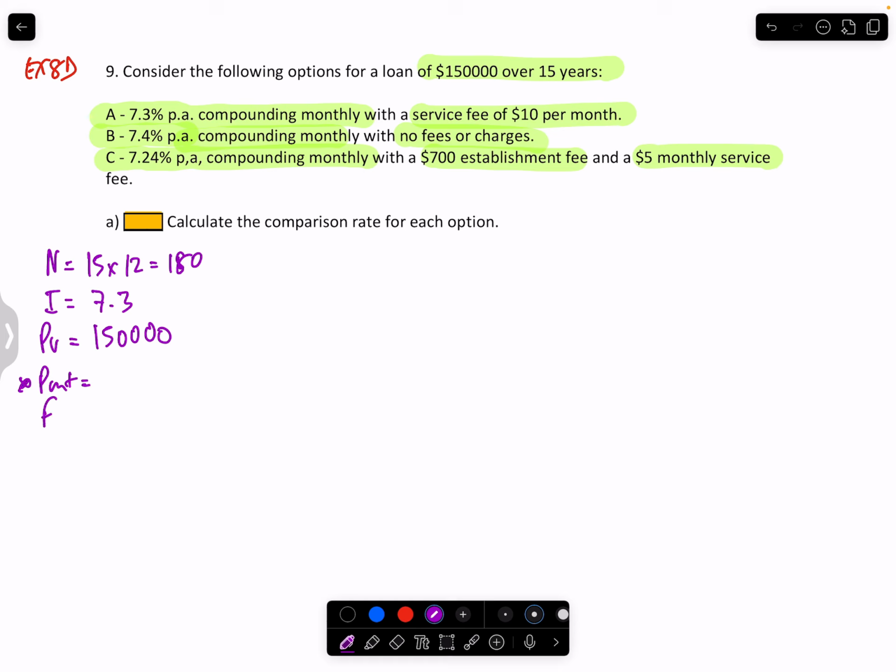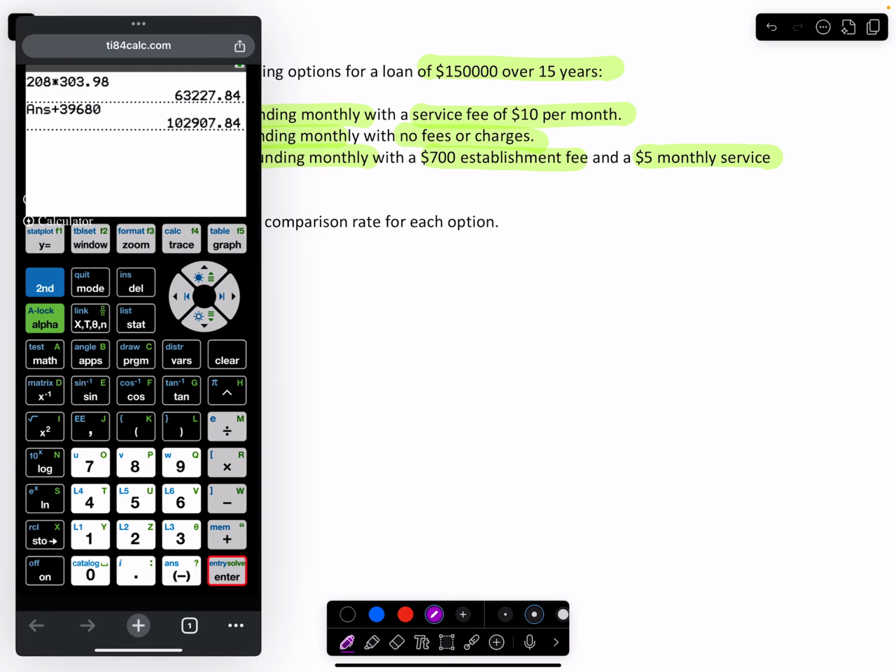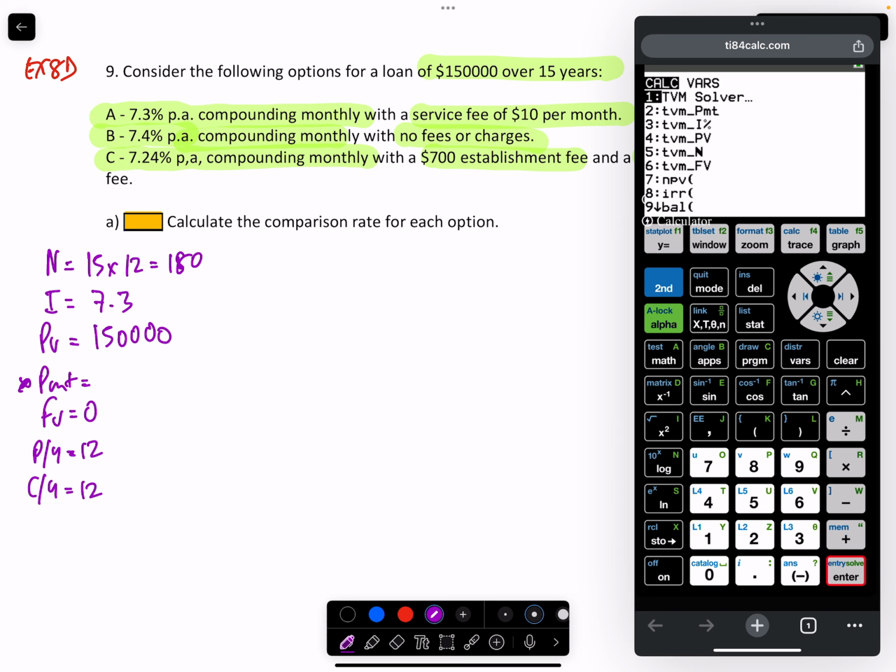I want to owe the bank nothing at the end. PY is 12. CY is also 12. Apps, finance, TVM solver, 180, 7.3. I borrowed 150,000. I don't want to owe the bank anything at the end. I'm paying monthly. Alpha enter, negative 1373.53.